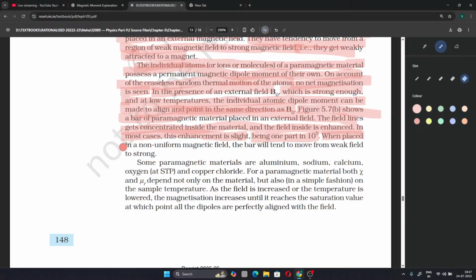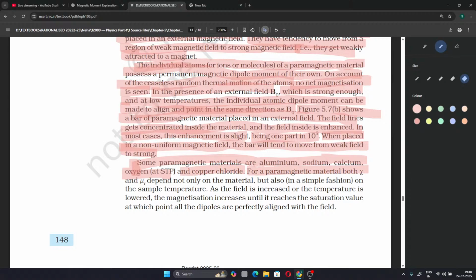When placed in a non-uniform magnetic field, the bar will tend to move from weak field to strong field, so it is attracted. Some paramagnetic materials are aluminum, sodium, calcium, oxygen at STP, and copper chloride.